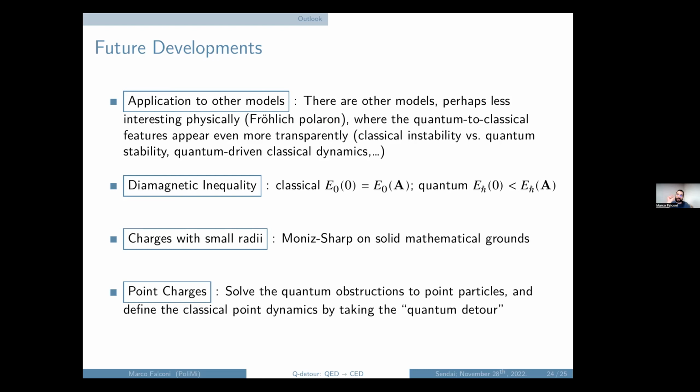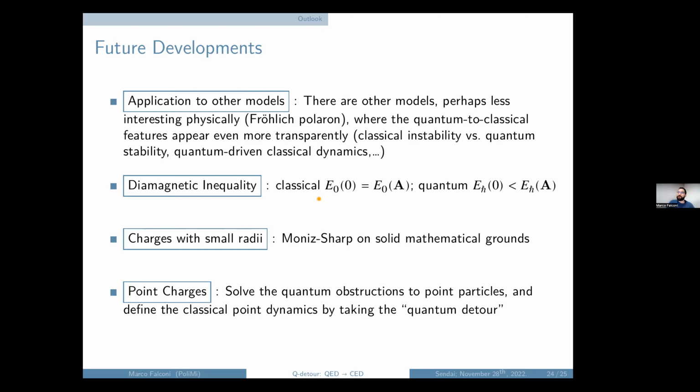There, the distribution of charge is really point-like, and to my knowledge it is impossible to prove that the classical system is well-posed, but we hope to go through this quantum dynamics that is indeed well-posed on the other end. So we plan to try to apply this to other models where the importance of going through the quantum to regularize the classical flow is even more transparent.